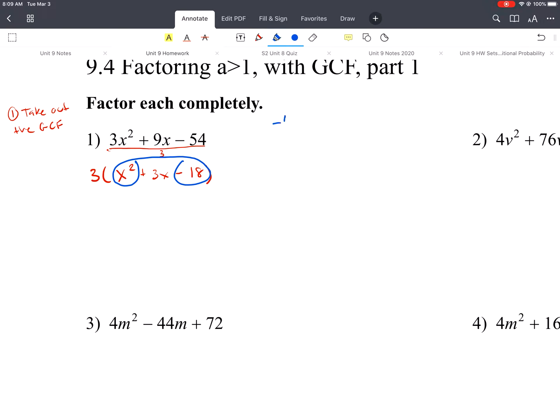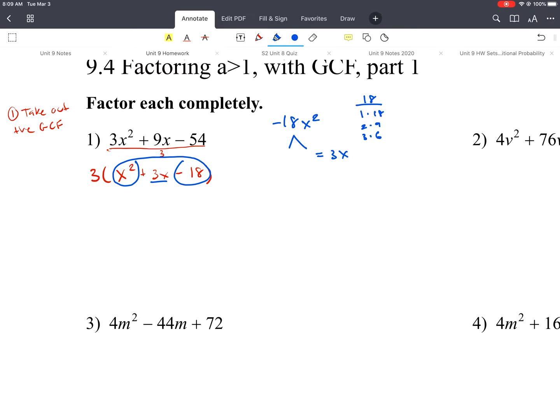So that gives us negative 18x squared. And we multiply those two terms. And then we need to find two things that multiply to give you that and add to give us the middle term, the 3x. And then you can come up with factor pairs for 18, which is a lot more doable. So 1 and 18, 2 and 9, 3 and 6.